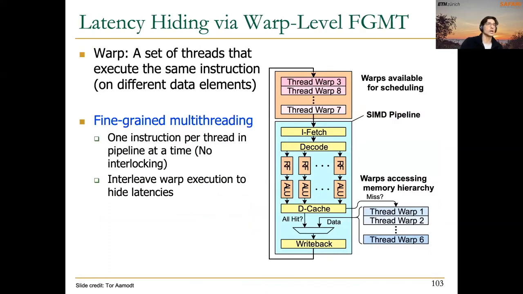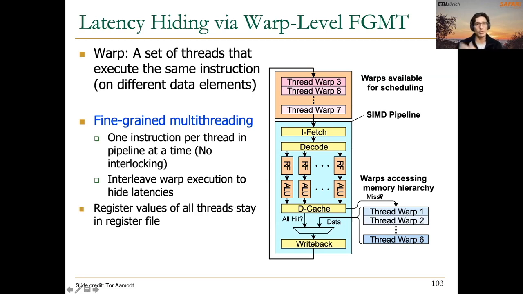And here you can see a little more detail for each of the lanes: the corresponding registers, the ALU, and so on. Eventually, these threads executing on these lanes will miss in the data cache, so they will have to go to main memory, or global memory, which is the name we usually give to the off-chip DRAM in the GPU context.